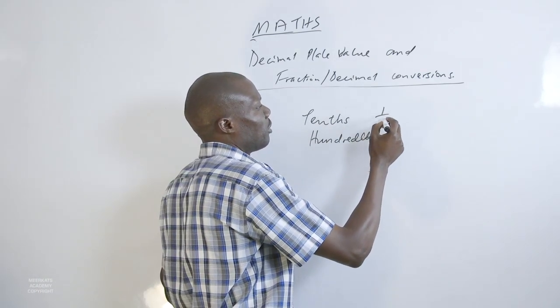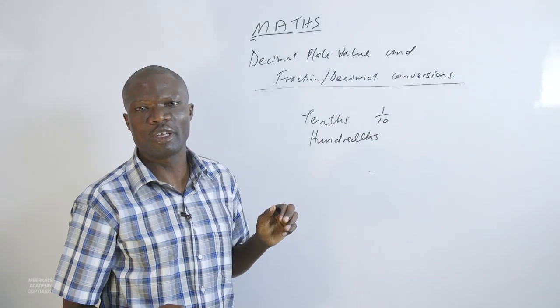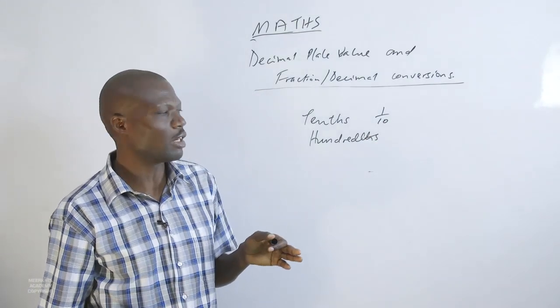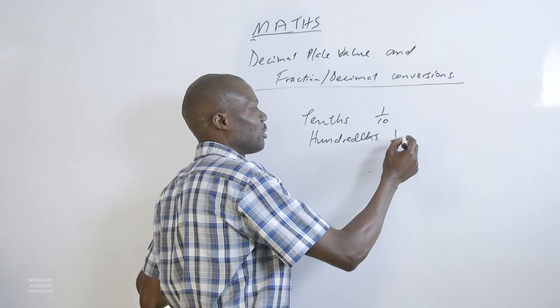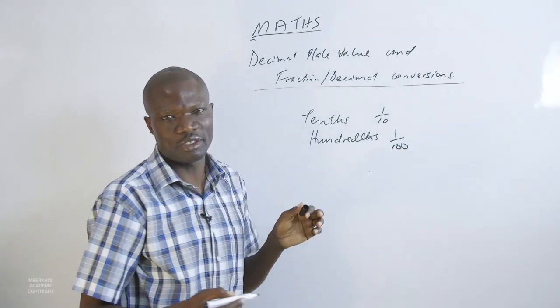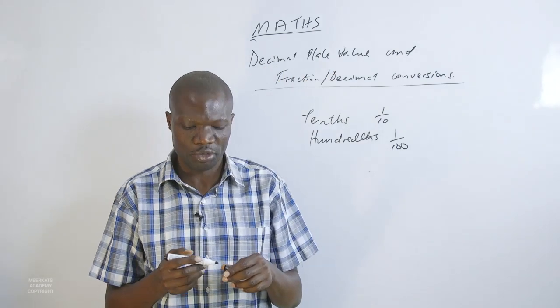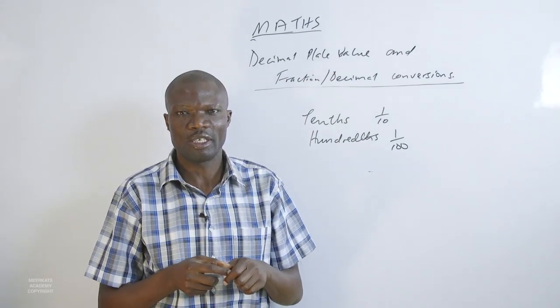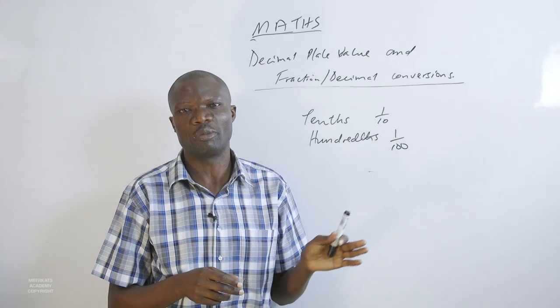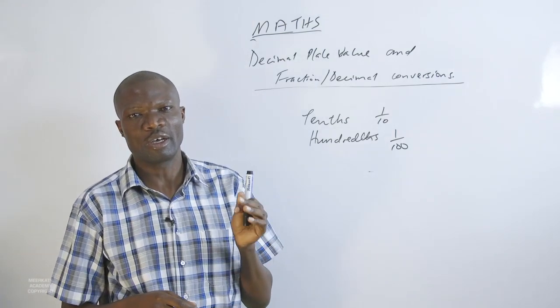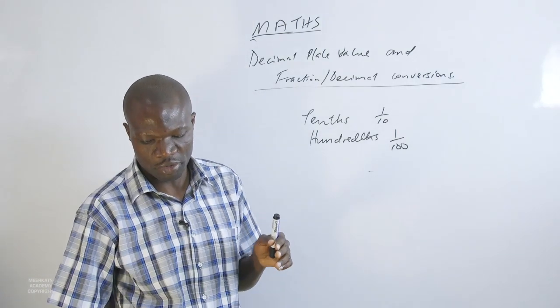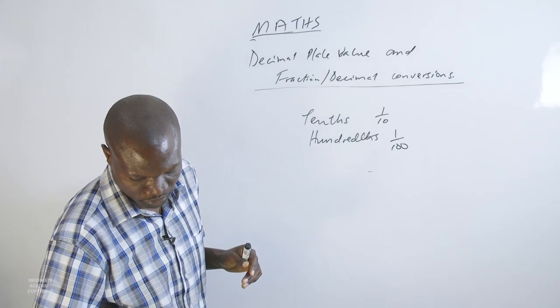Tenths are those which fall in the category of 1 over 10 if I convert it to a fraction, and this one is 1 over 100, and so on. So I want us to look at place values and see how we should be able to do a decimal operation without a problem.